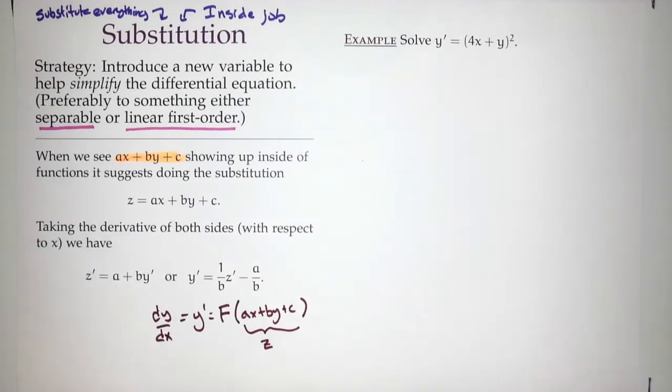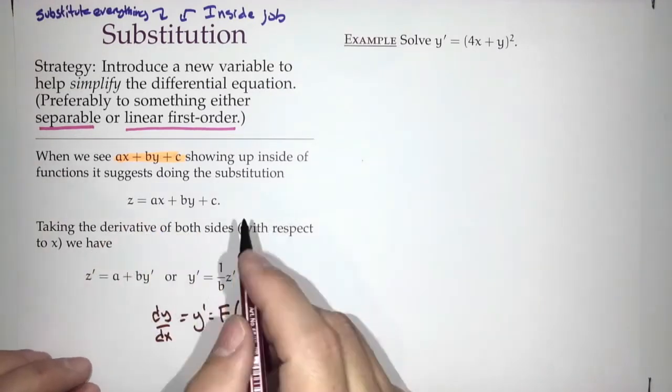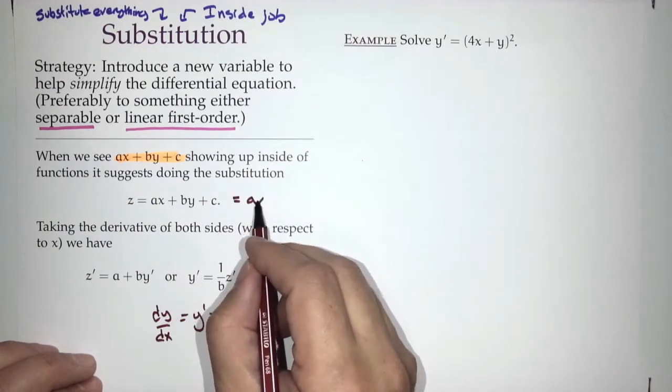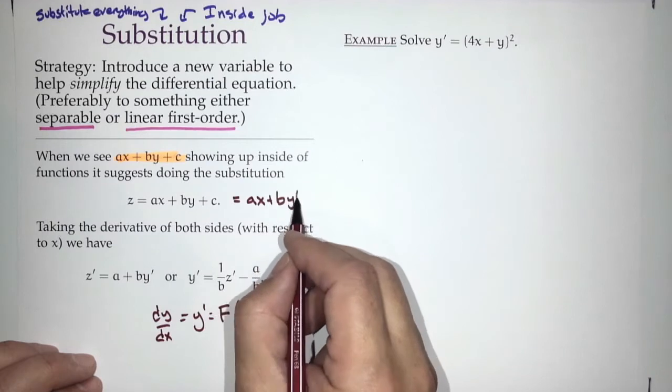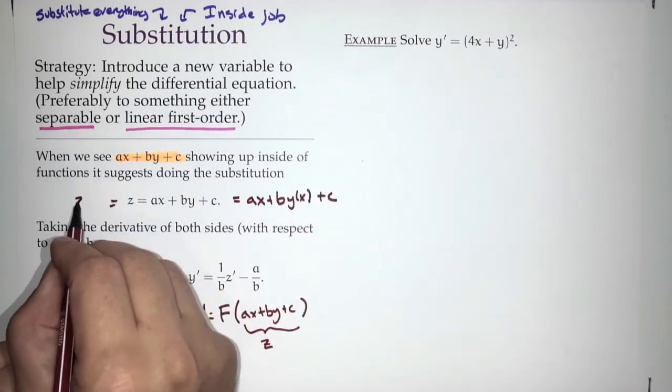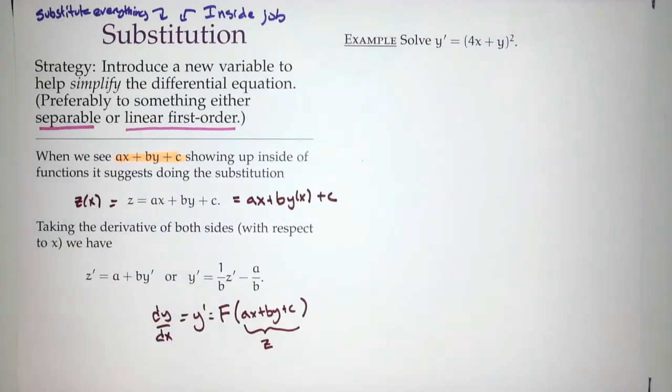So we just think of things as being functions of x. So when we're writing z equals ax plus by plus c, there's this inherent idea: this really is ax plus by of x plus c. And really our z is a function of x. So x is still our variable in play.